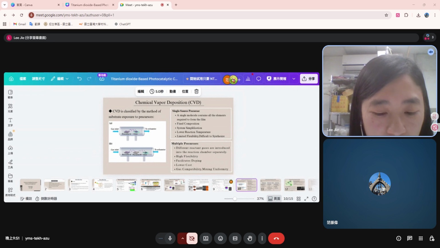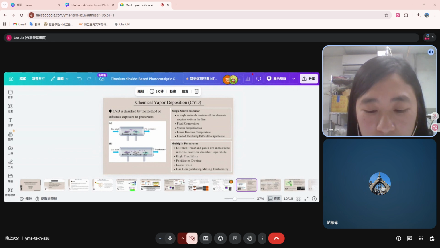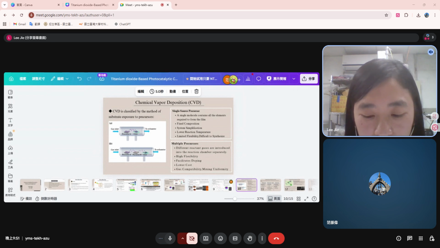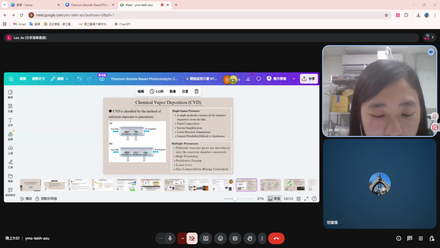Under thermal heating or plasma excitation, the molecule decomposes to form the target material directly on the substrate. The advantages include fixed composition, system simplification, lower reaction temperature. The disadvantages include limited flexibility, difficult to synthesize.